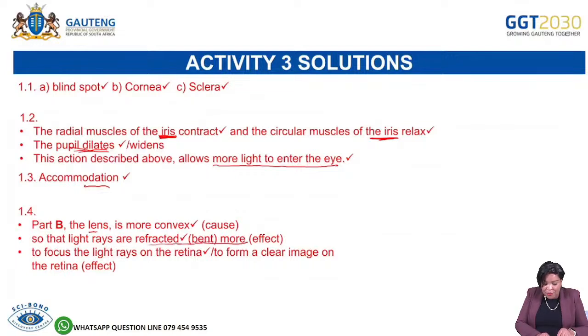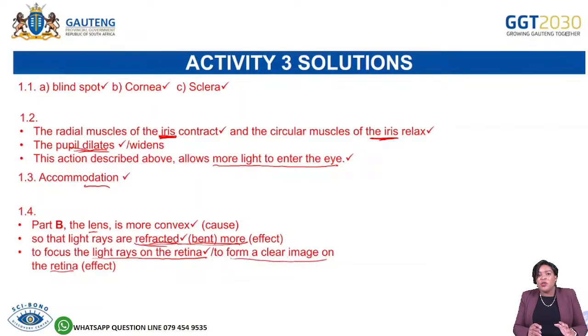When they are refracted more, they focus that light on the retina. So the lens is more convex and it refracts the light rays so that they reach the retina and form a clear image on the retina.